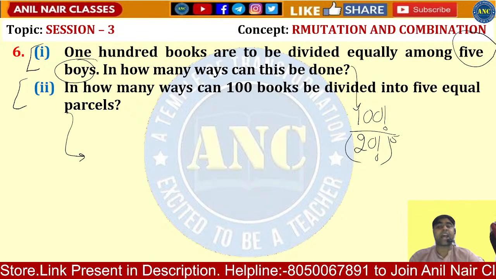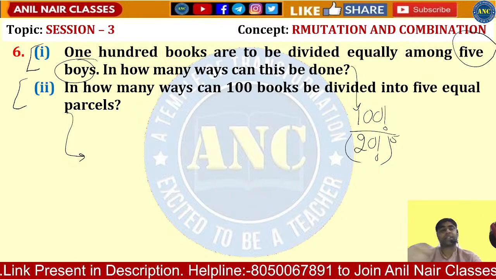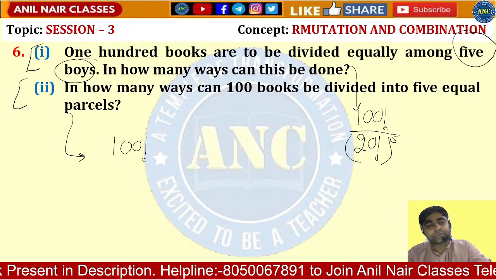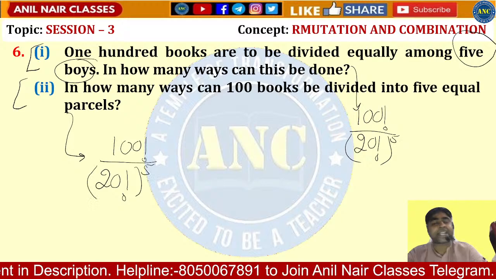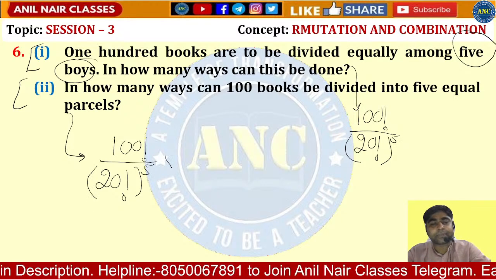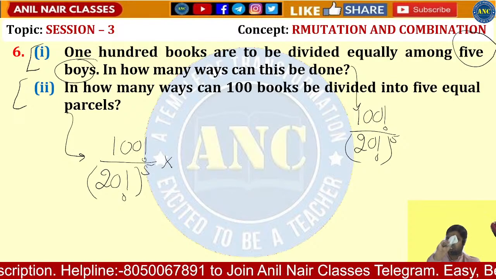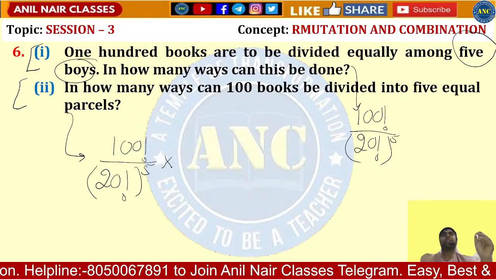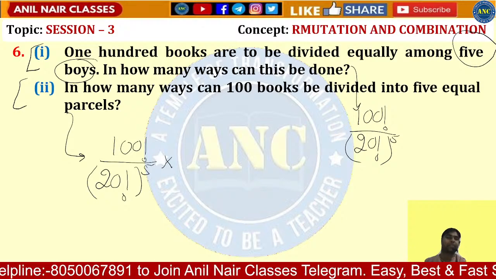But if I have to divide them into equal parcels, yes, it would be 20 factorial to the power of 5, just like the last question. But what will also not matter? Which parcel is given to this or this or this or this.